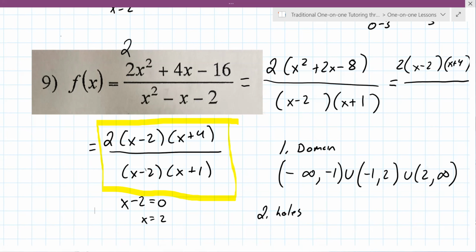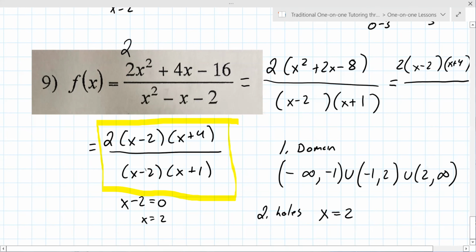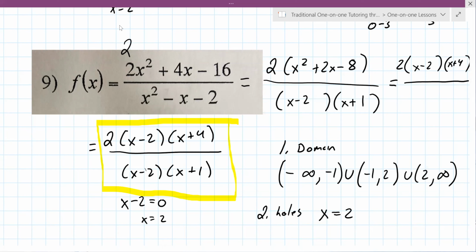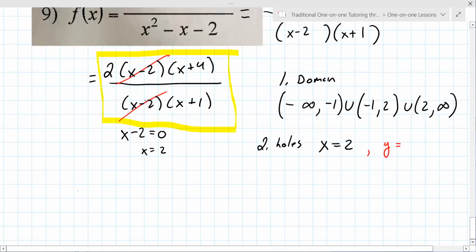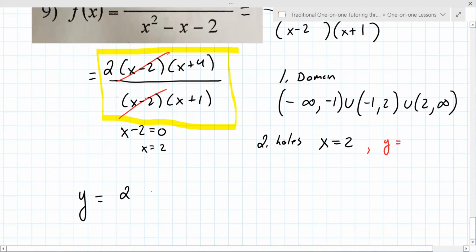The x value would be 2, right? Yes. That's when you cancel. And then you set it equal to y for the simplified equation, right? Yeah, it's probably good to do that. It's 2 times (x plus 4) over x plus 1. To get your y value, you use the place where the hole is and plug it back in for x.